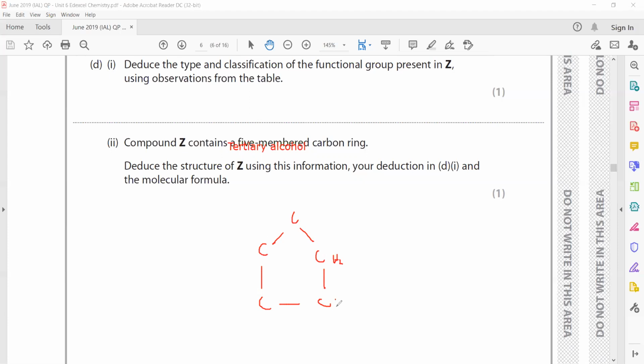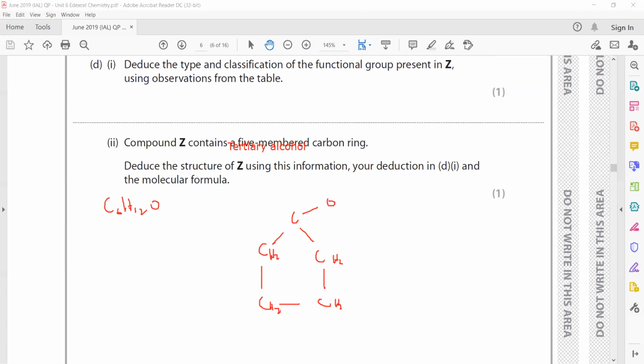This will be CH2, and the molecular formula is C6H12O. So 6 carbon atoms should be there. 5 we already drew. Now we also want to make it tertiary. So how can we make it tertiary?